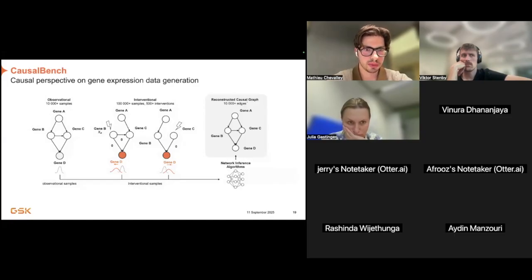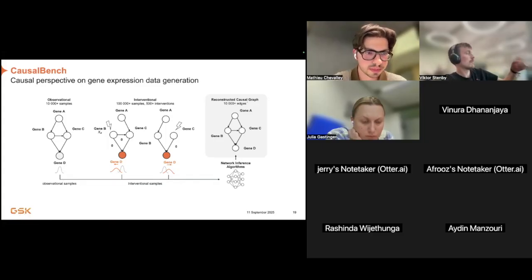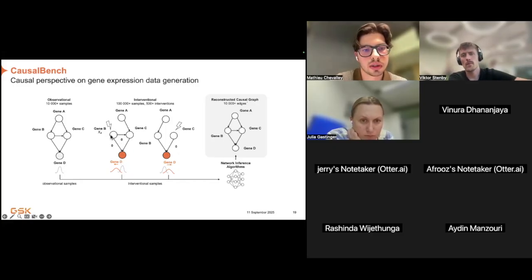So to recap a bit, the problem here is more targeted toward this gene domain. So we assume that there is some graph that would represent how genes are related to each other. We have observational data points where there was no intervention. We just observe how the genes are expressed in some type of cell. But then we also have some samples where one gene at a time was intervened.